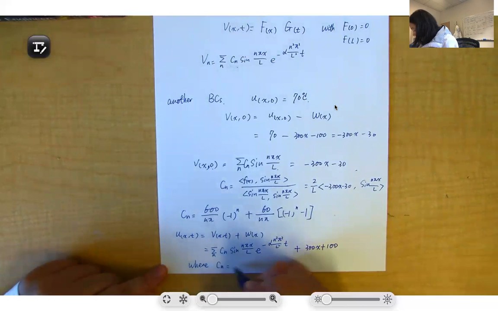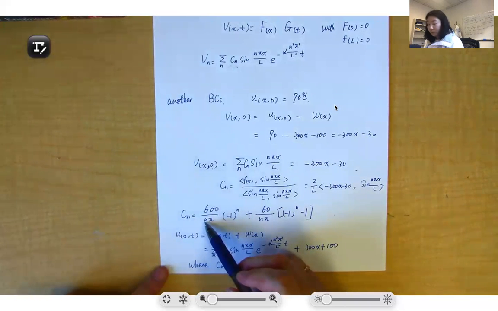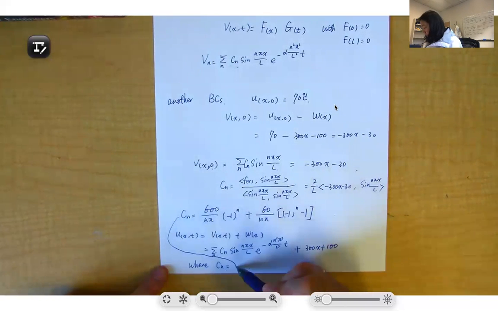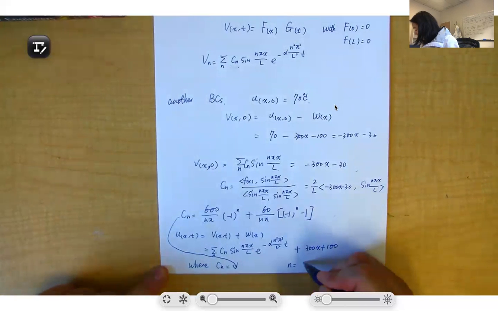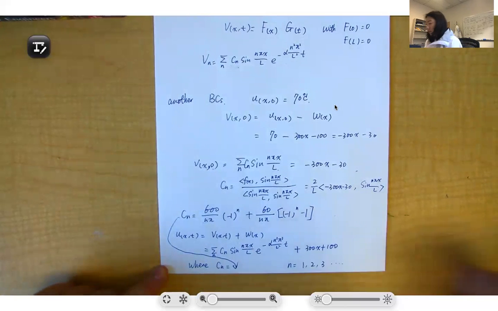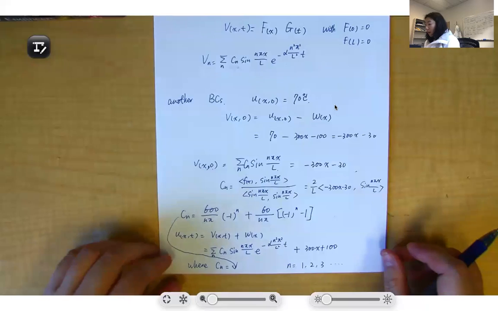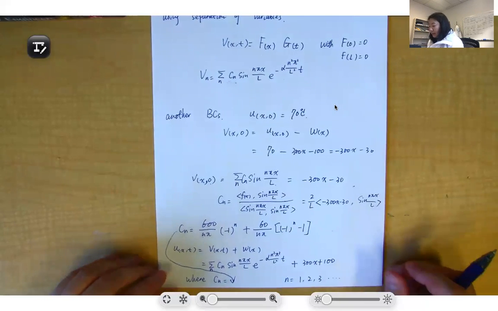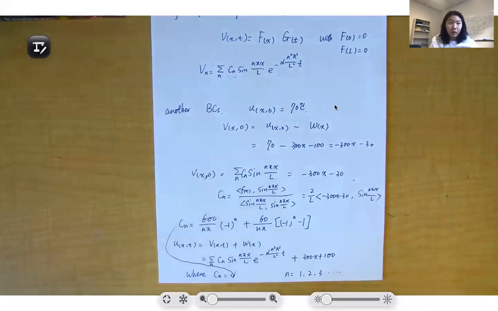Cn is equal to the above equation, and n goes from 1, 2, 3 until infinity. You can program this into MATLAB to see how the temperature distribution changes as a function of time and space, given these non-zero boundary conditions.